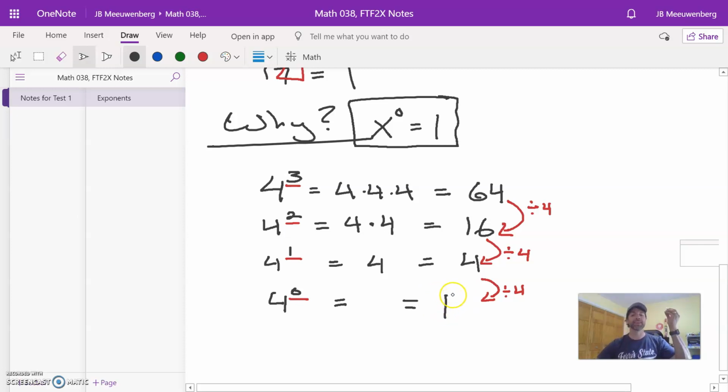Anything divided by itself is equal to 1. So here you can see from a mathematical pattern, we love patterns in math, we can see the why. Why anything to the 0 power is 1. We're going to learn more about that, but that's just one of the patterns that shows that. Okay, so that's all we're going to talk about exponents for now. See you next time.